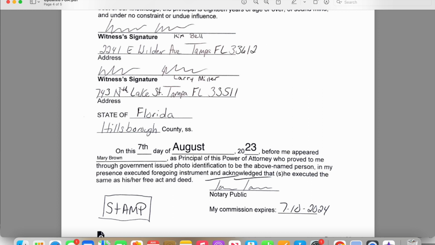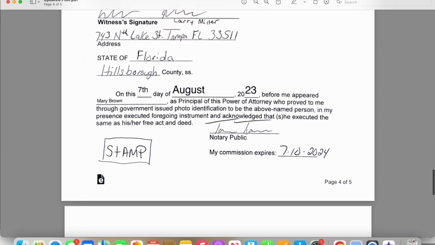Okay. Now, once they sign and print their name, this part is where you, as the notary, are going to fill this out. So you're going to put your state and your county where you are presently at that moment. Okay. You're going to put the date, which is going to be the same as everyone else. And that principal name is going to go there.